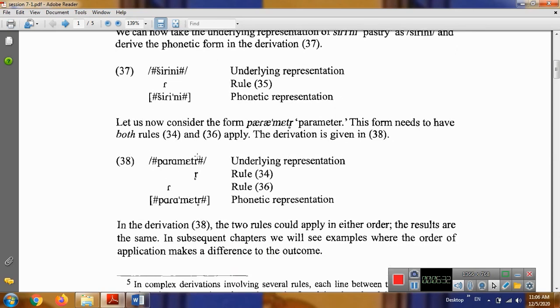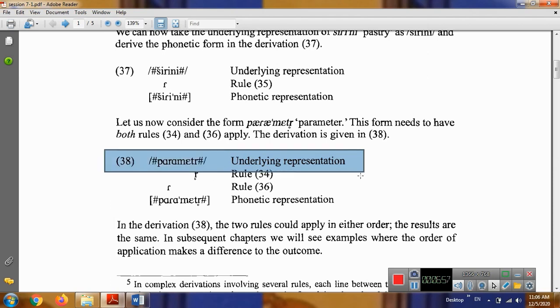At first we have parameter, which at the end of the word and between two vowels has the trill re without any change and without applying any rule, which we call the underlying representation. We have the raw form of the word without any rule applied upon it, which we show in this way.